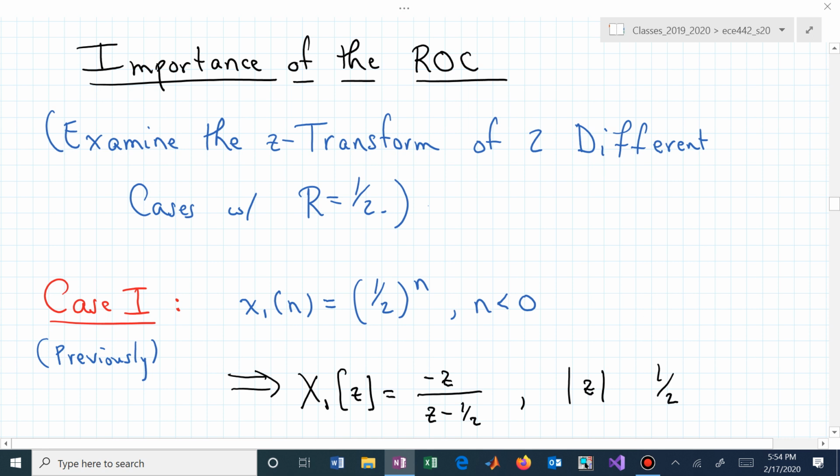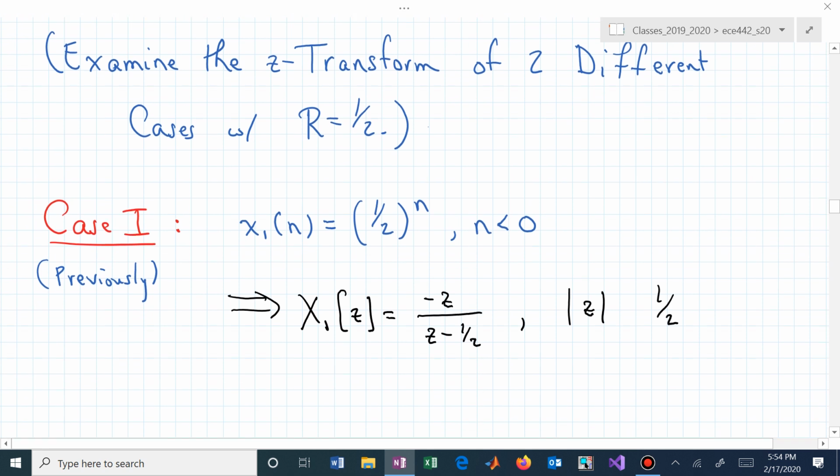We already looked at this one, case 1. This was previous. We derived X1 of z was equal to minus z over z minus 1/2 when x sub 1 of n was 1/2 to the n when n was negative. What did that impose on our region of convergence? Do you remember?